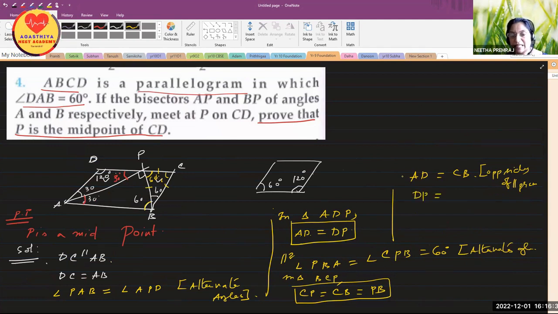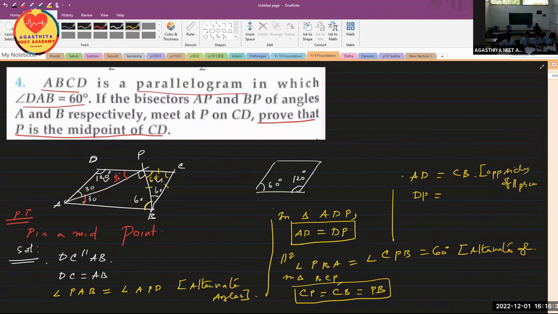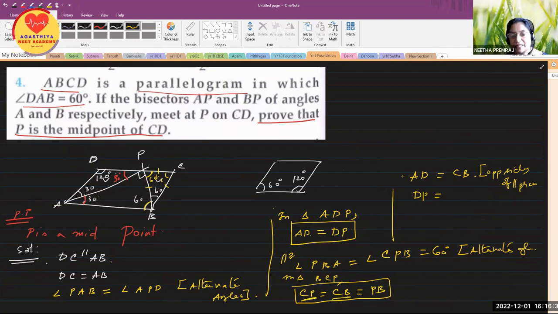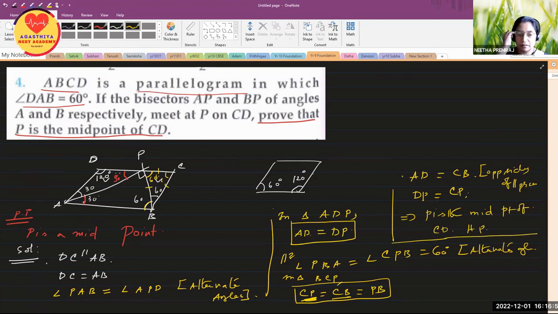Instead of CB, you can write CP, isn't it? So DP is equal to CP, which implies P is the midpoint of CD, isn't it? Hence proved. Guys, understood? That's it. Make a note of it.